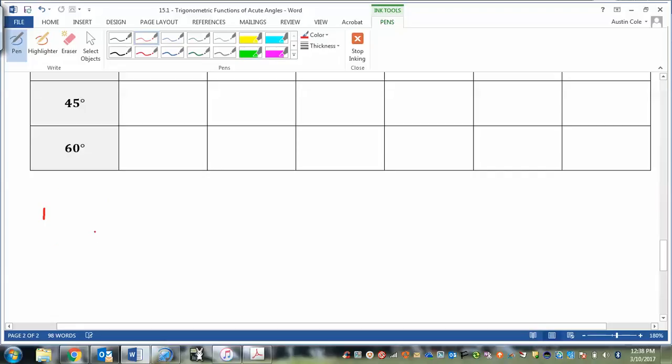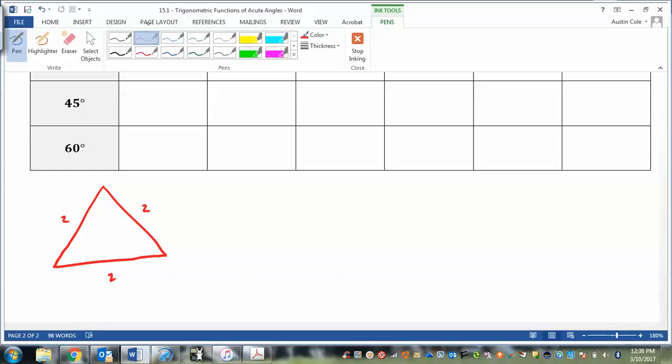I'm going to do it differently. Let's start with an equilateral triangle. 2, 2, and 2. We're all going to call them 2. Wait, what's our angle measures on all these? 30, 30, 30, if it's equilateral.